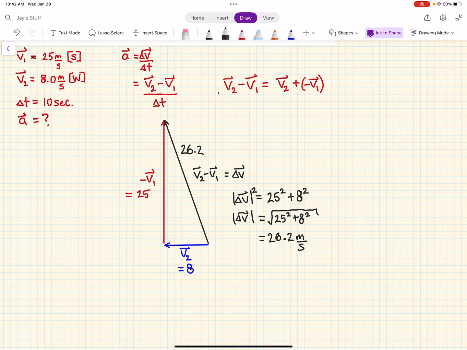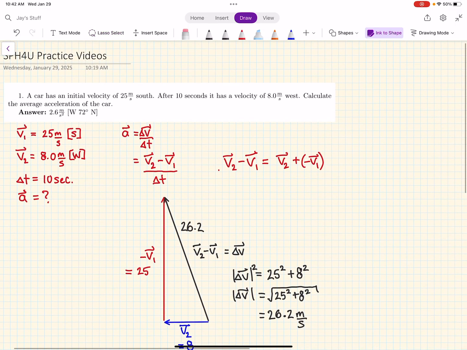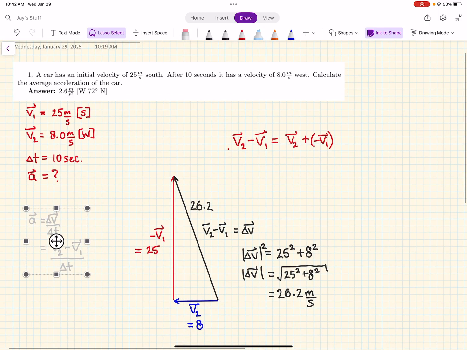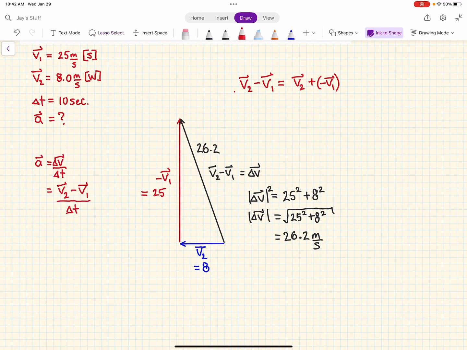All right, so if we go back to our acceleration formula where we were doing the calculation here, I'm going to move it down here so we have a little more room. We can now put that number in. So we now know the magnitude of V2 minus V1 is 26.2 meters per second divided by delta T, which was 10 seconds.